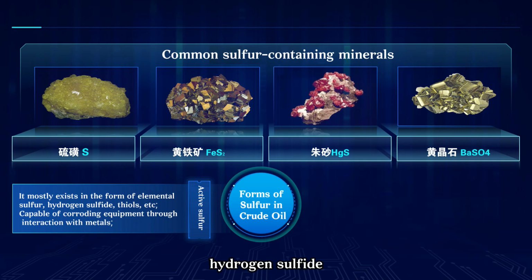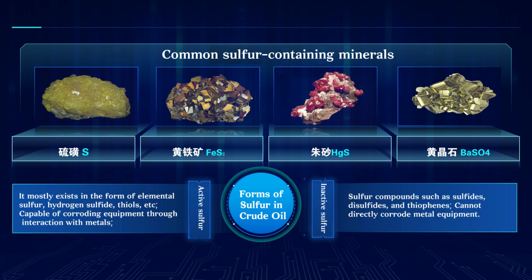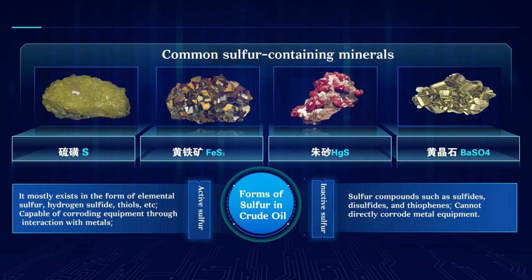Elemental sulfur, hydrogen sulfide, and low molecular weight mercaptans, which can directly react with metals and cause equipment corrosion, are collectively referred to as active sulfur. Sulfides, disulfides, and thiophenes, which cannot directly react with metals, are collectively referred to as non-active sulfur.